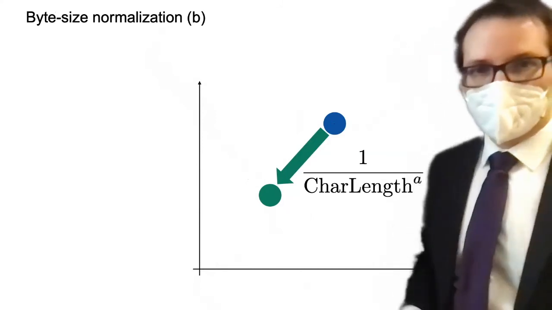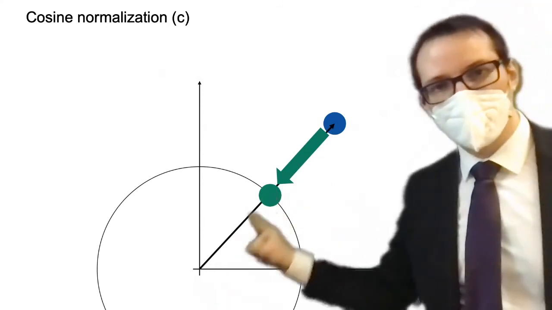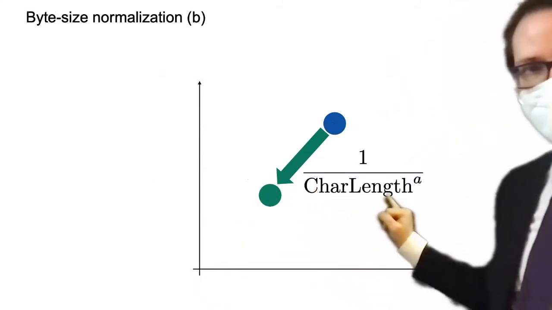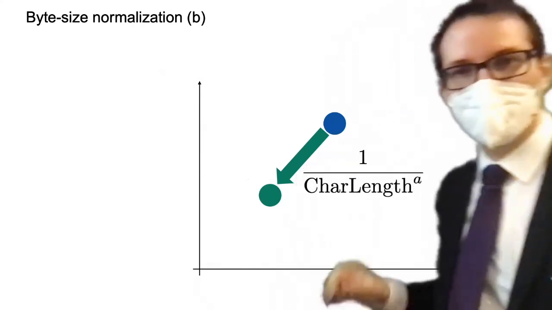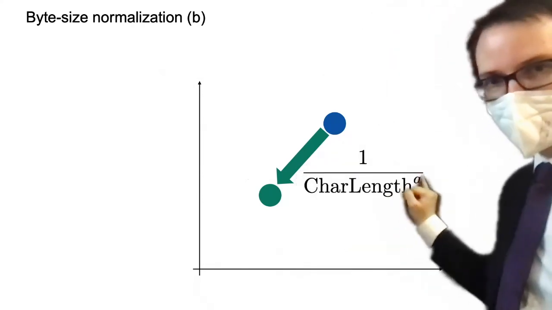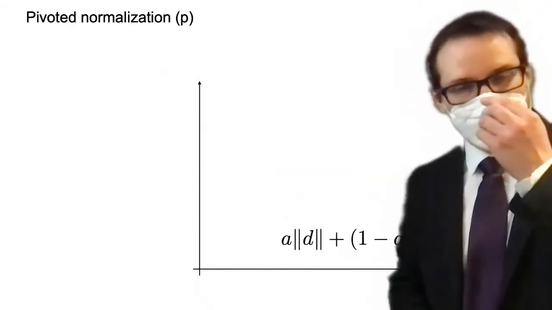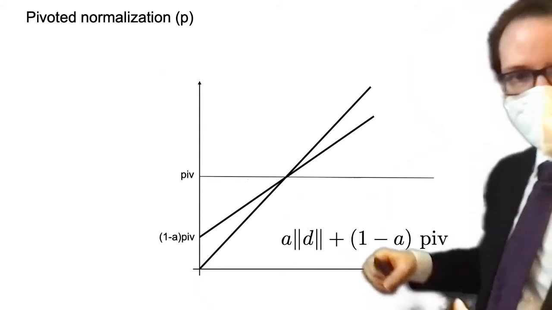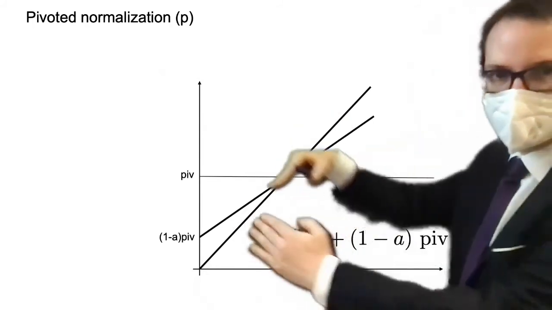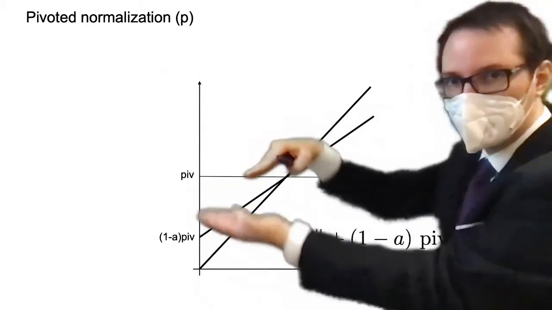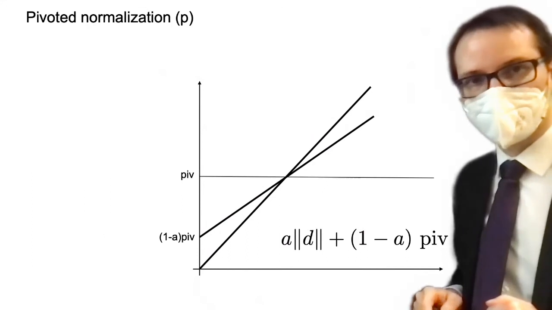And there are other ways. Instead of renormalizing with the cosine, you can also renormalize by the byte size, so the actual size of the document on disk. Maybe you can put an exponent in there, but that's basically just the file size. And then there is also a pivoted normalization that does the same kind of thing as when I told you about the skew of the term frequency: it's again a pivoting of the curve to pivot the normalization.